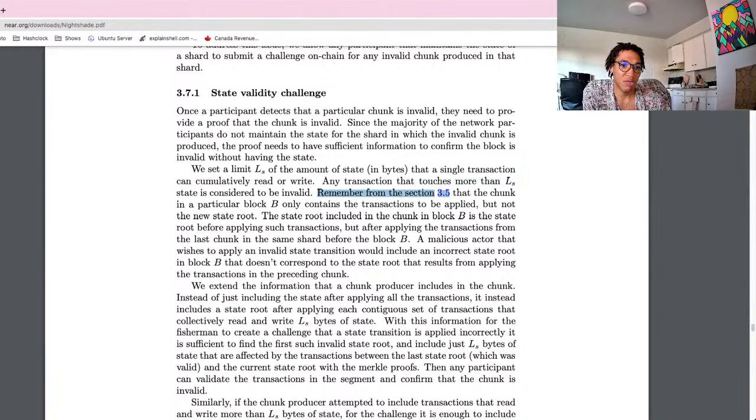Remember from section 3.5 that the chunk in a particular block B only contains the transactions to be applied, but not the new state root.